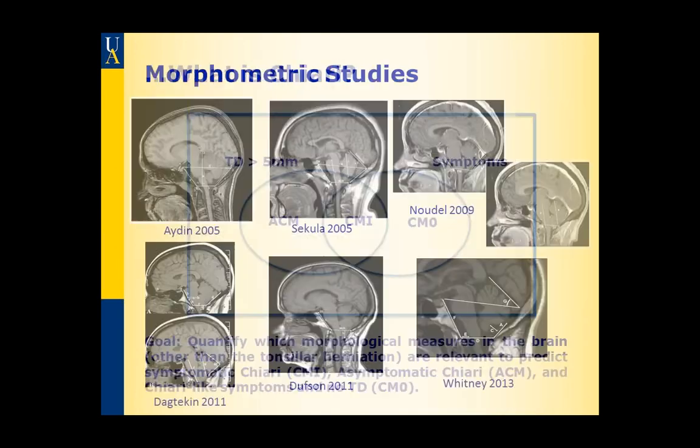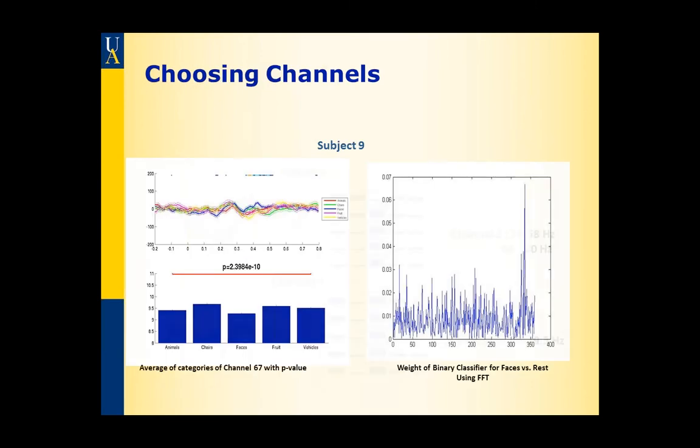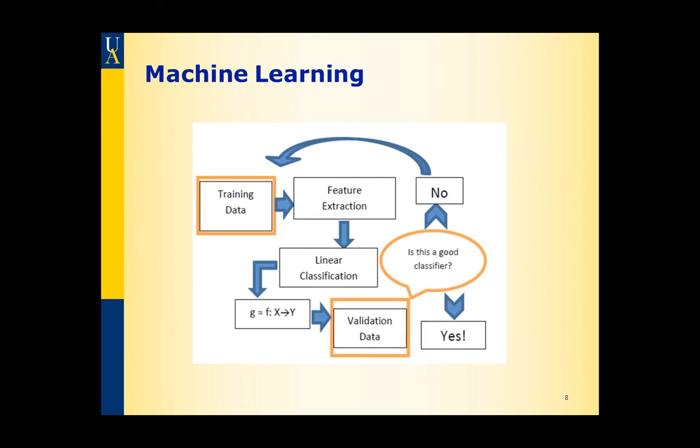I don't know if you had that equation, but I think it's extremely interesting that these different parameters are popping out that you normally wouldn't see. They're not tonsillar herniation for sure.